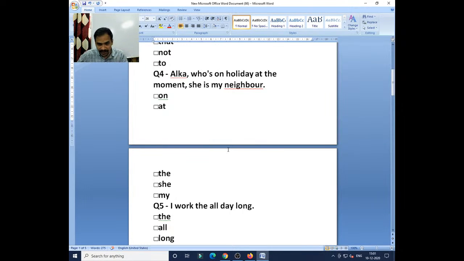Okay, Jiten, you have written "on"; "on" should be removed? Sandhya, you have written "she" to be removed. Very good, Sandhya, that is the correct answer. So: Alka, who is on holiday at the moment, is my neighbor.